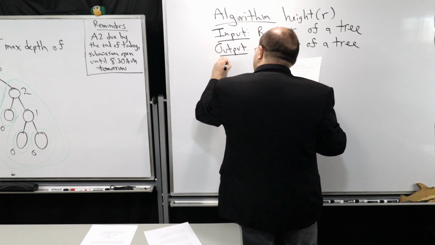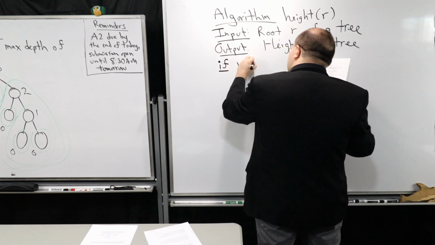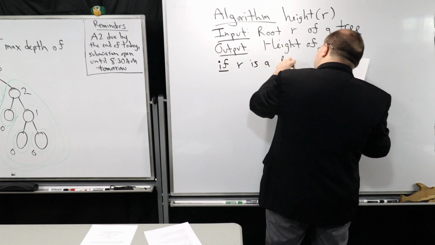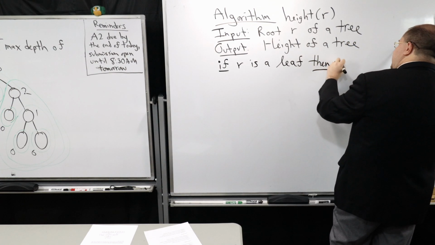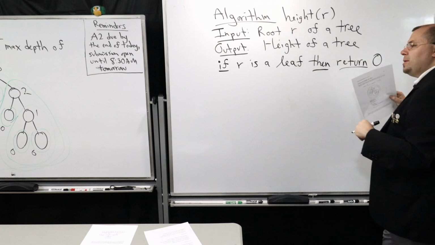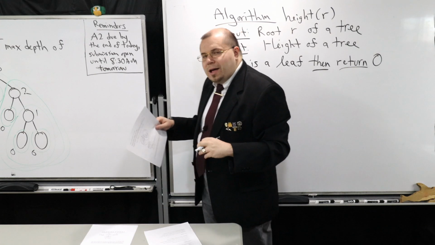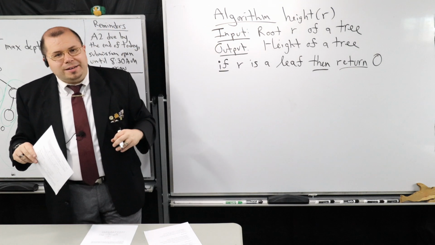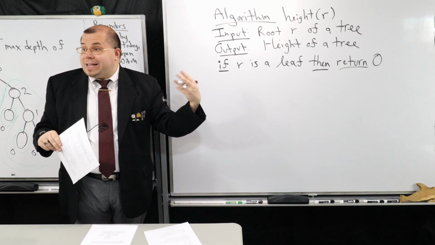Just like I told you, whenever we have a leaf node, if R is a leaf, then I can simply return 0. Remember, if it's a leaf, it has no children. That's one simple way you can recast this.